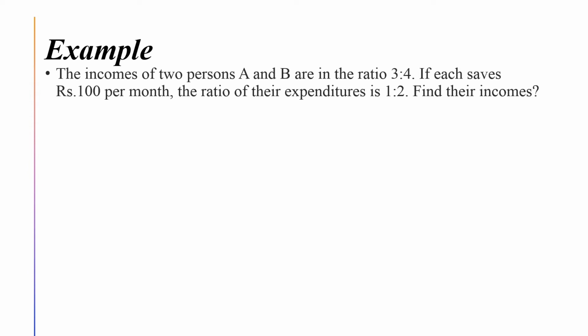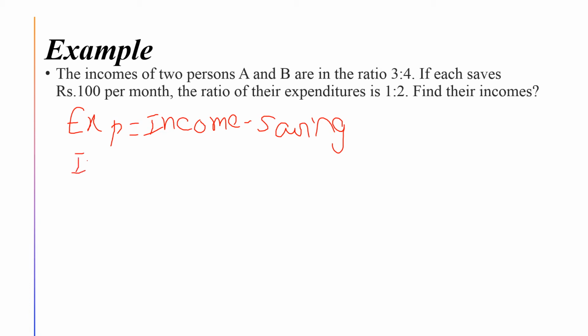We already know that expenditure is equal to income minus saving. We take the income of A as 3P.